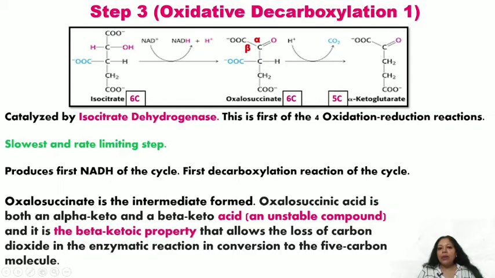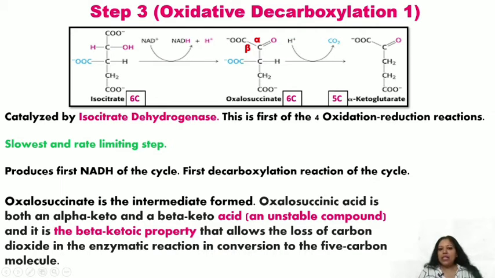So any carbon attached to the functional group is known as alpha. So if this is a functional group, the COO minus, this carbon is termed as alpha. But there is another COO minus in the neighborhood of this carbon. Okay, the blue one. So as per this carbon, this functional group is called beta, because directly attached carbon is alpha and second carbon is beta.